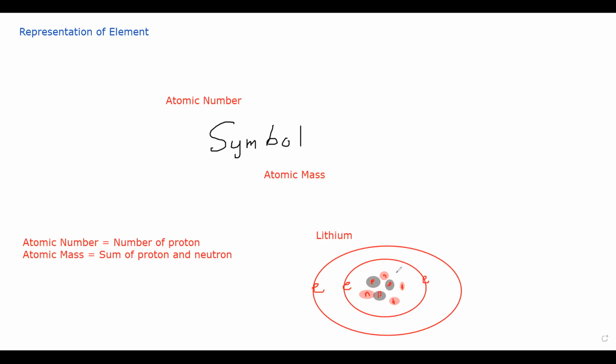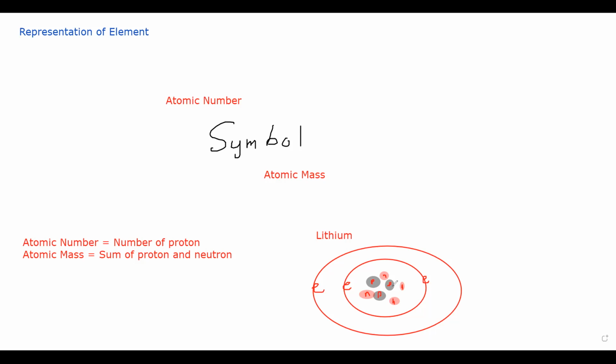Now what will be the symbolic representation of an element? How do we normally represent the element in a periodic table? At the top we need the atomic number, which is the number of protons. How many protons are there in this structure of lithium?